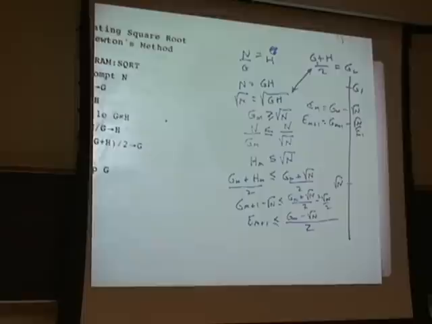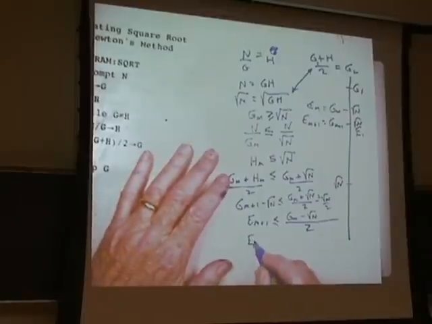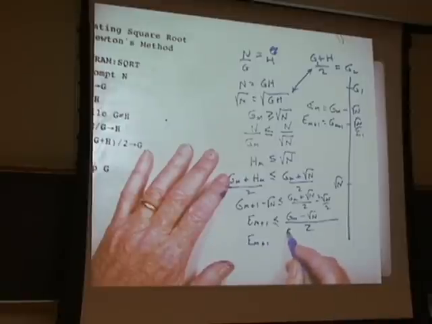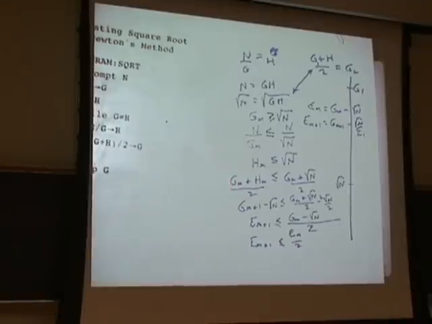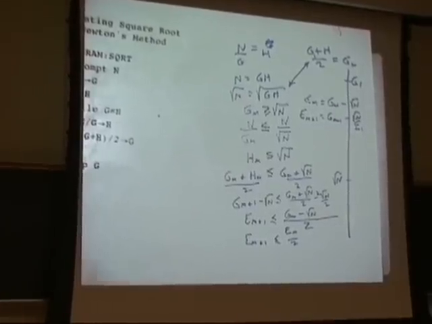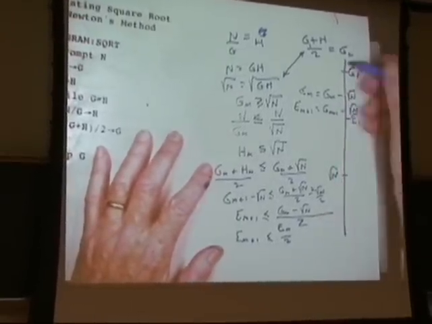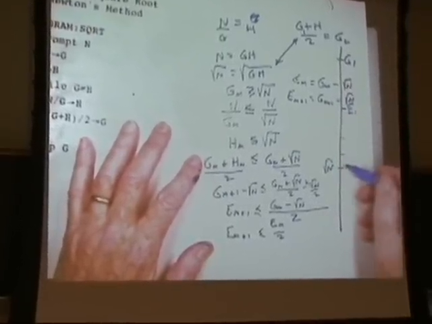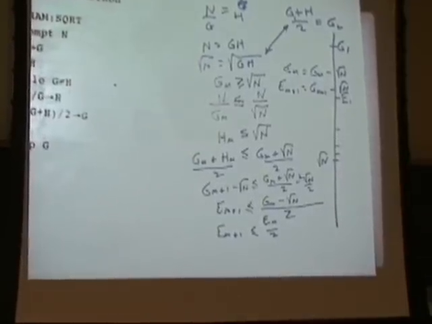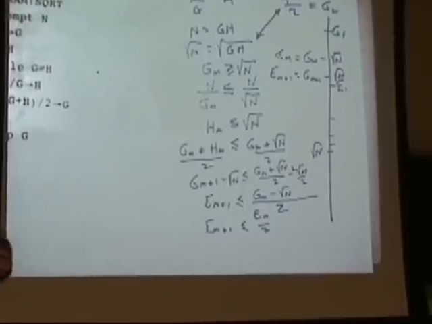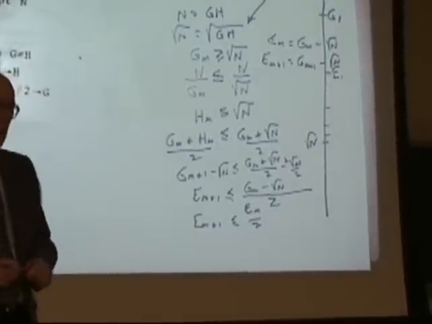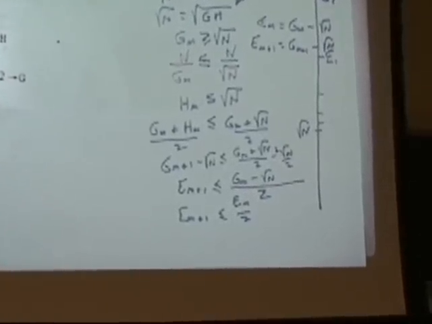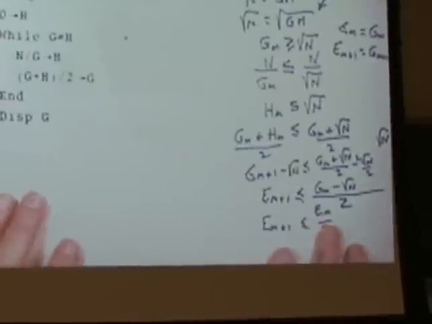So what have I shown? I've shown that e sub n plus 1 is less than or equal to e sub n over 2. What that means is that every step here I get at least halfway to the right answer, and as you know, when you do that dividing by 2, you converge very rapidly on a value. And that's exactly what's happening in this program.